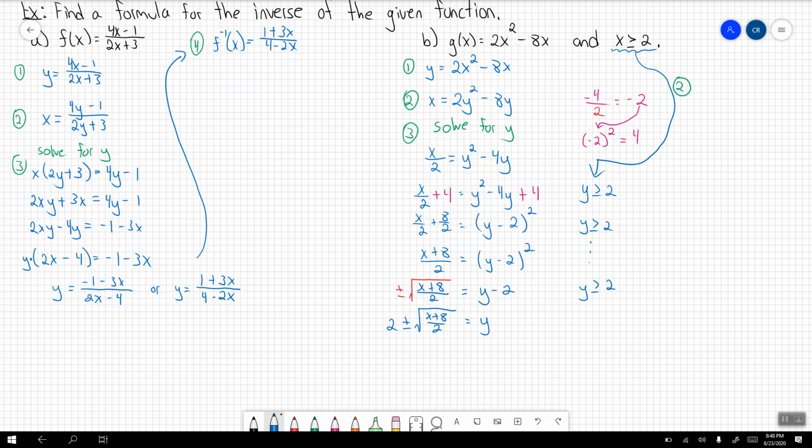Now from here we can start extracting: what values are we going to be able to choose for this x value so that we satisfy that y is greater than or equal to 2? Or more specifically, what values in here, after we evaluate x plus 8 divided by 2, will get us either positive or negative? Well, for that, we then need to start taking a look at what's going to happen.